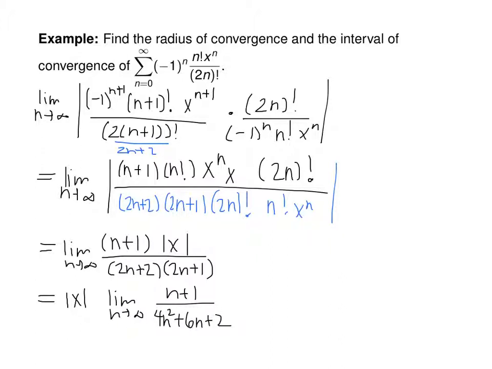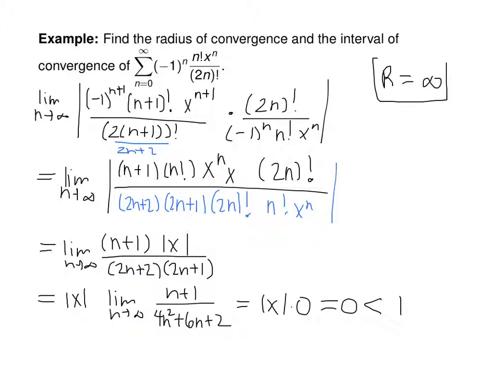And that limit is going to be 0. So we'll have absolute value of x times 0, which is 0, which is less than 1 no matter what x is. So in this case, the radius of convergence r is equal to infinity, and the interval of convergence is minus infinity to infinity.